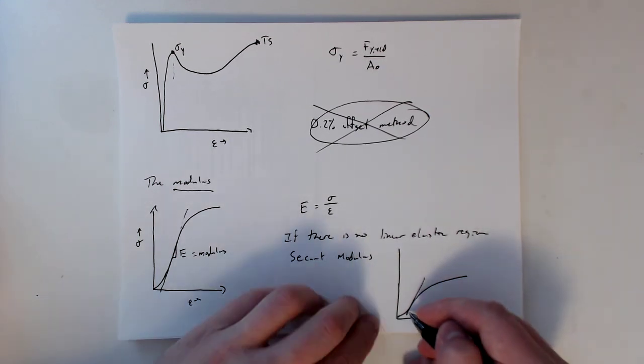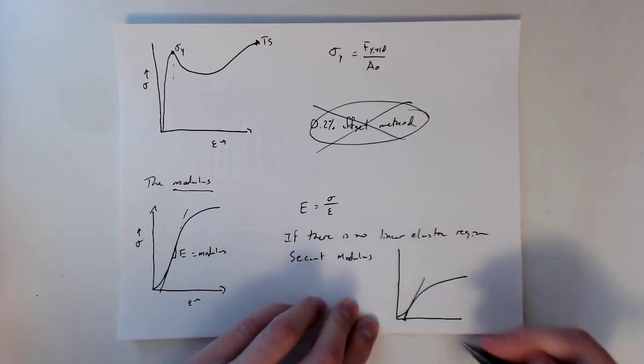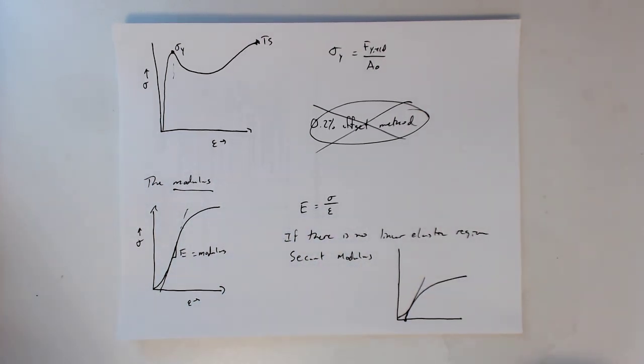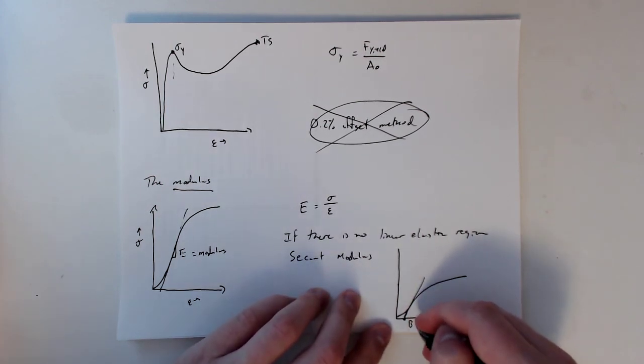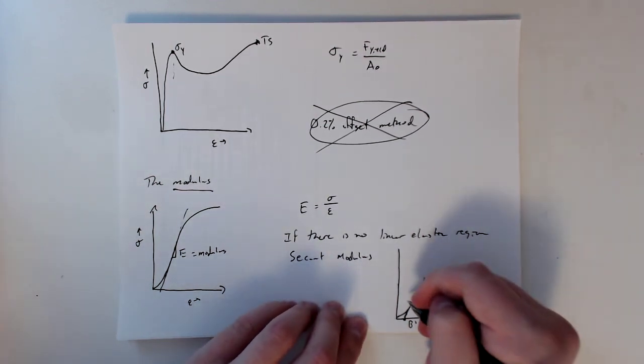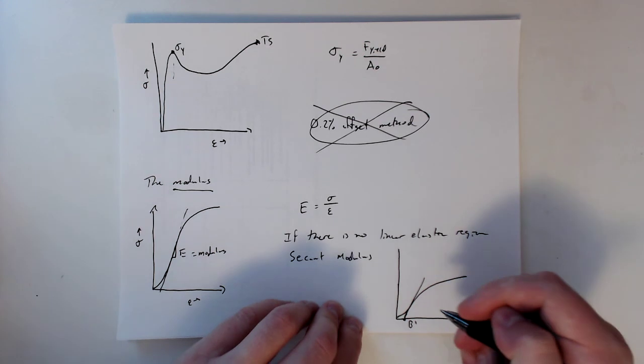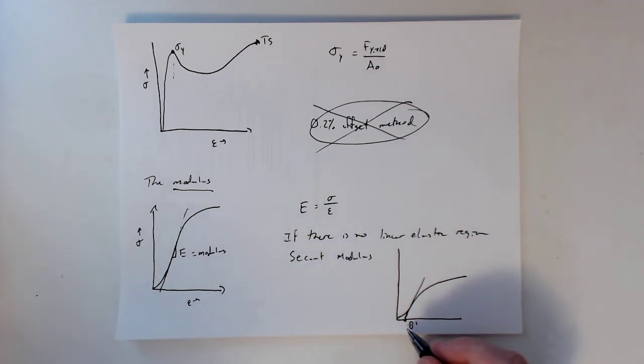And then we find the intercept with the x-axis, so this point, which I'm going to call B prime. And then we take some percent strain.